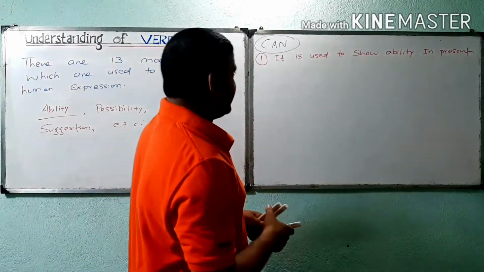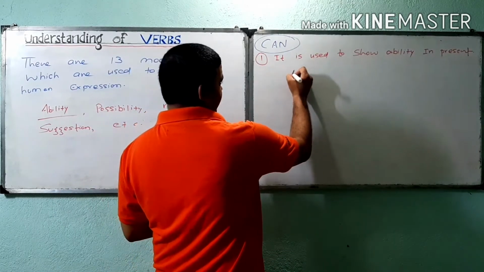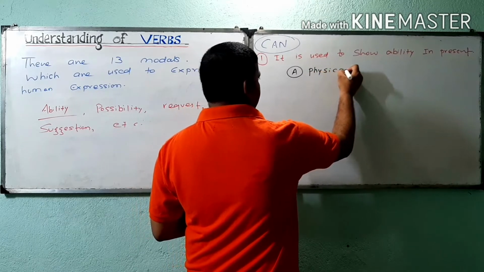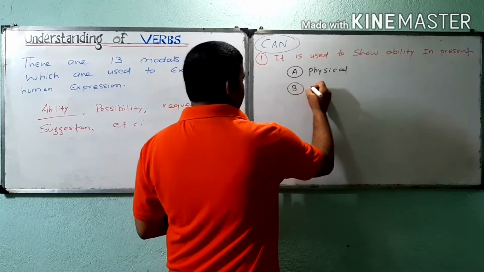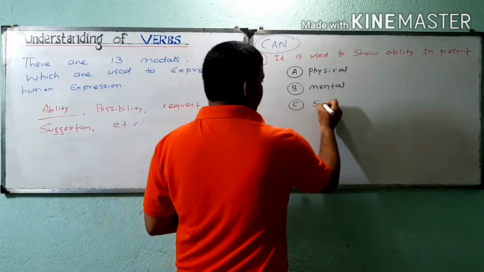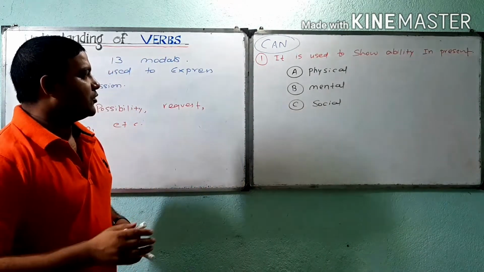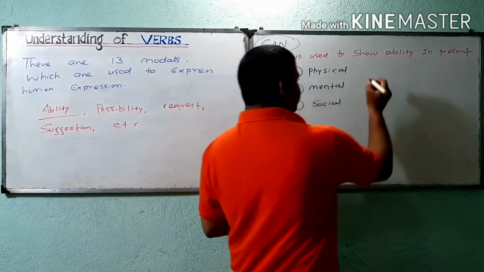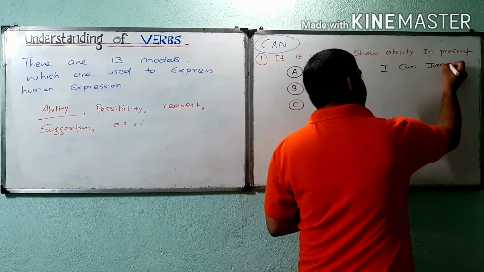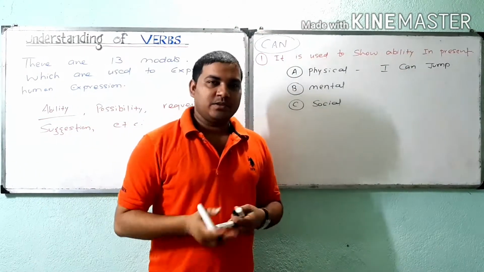And so far as ability is concerned, there are 3 types of ability: A, physical. B, mental. And C, social. If I talk about examples, if I say I can jump, मैं कूद सकता हूँ, it's a physical ability.